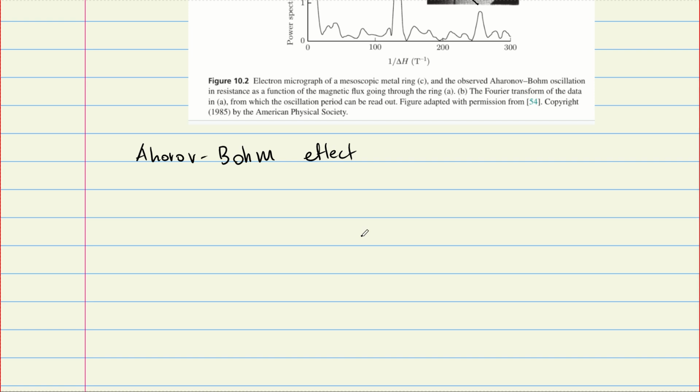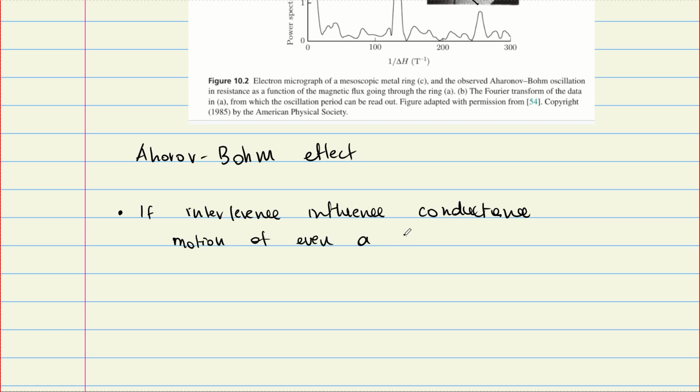So let me make a couple of remarks and finish there. If interference influences conductance, then even the motion of a single impurity should change conductance.